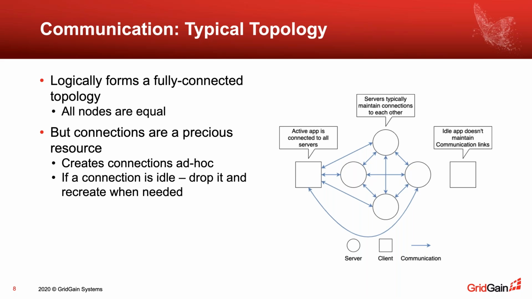So this is the communication. This is how Apache Ignite handles data transfer, and it all sounds pretty simple, and logically it pretty much is. But underneath it is a very complex, very advanced component which makes Apache Ignite as performant as it is.